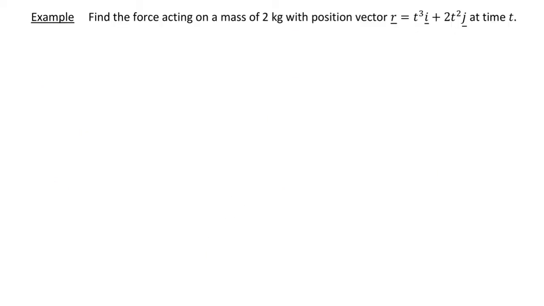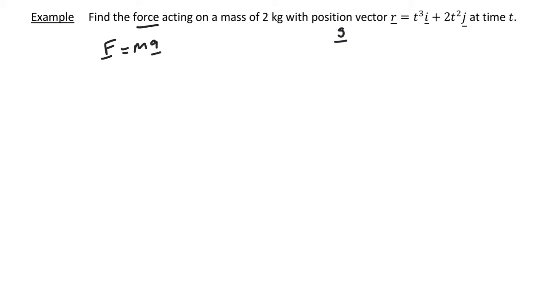The next example then, find the force acting on a mass of 2 kilograms with position vector r equals t cubed i plus 2t squared j. So what we have then is that a position vector is really where it is, it's a displacement. So if we are going to work out a force, we'll be thinking about F equals ma, so we need to get to an acceleration.